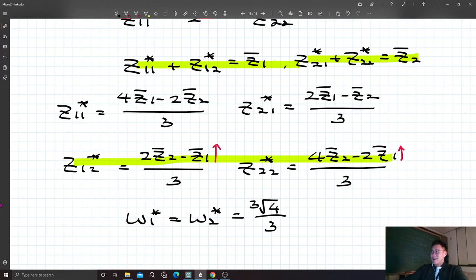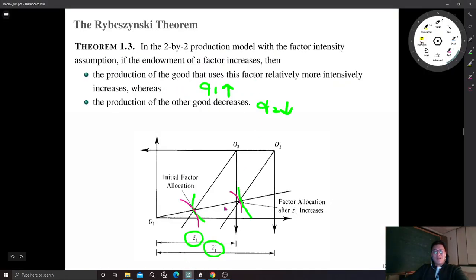Okay, and this is not that intuitive. Why does firm 2 have to respond by producing less? I mean the first statement of the theorem: if there are more factor 1s, firm 1, producing good one, which is more intensive in factor 1, will produce more. Okay, so that is quite intuitive, but the second result is not that intuitive.